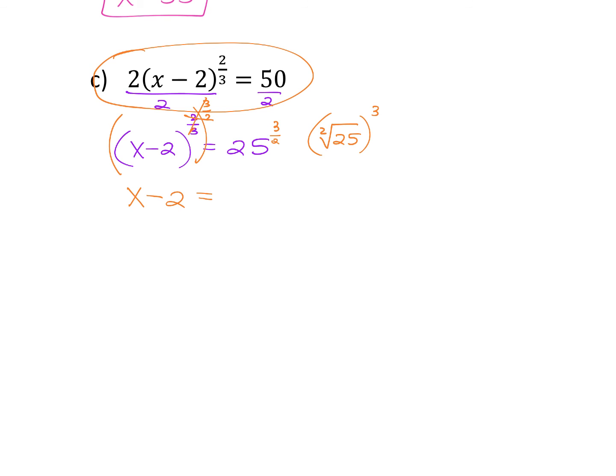When your index is even, and it's an equation like we're working with here, it's a plus or minus, okay? So this is going to be, square root of 25 is 5, cubed is 125. But because it's plus or minus 5, then it's plus or minus 125. So you get plus or minus 125 here.